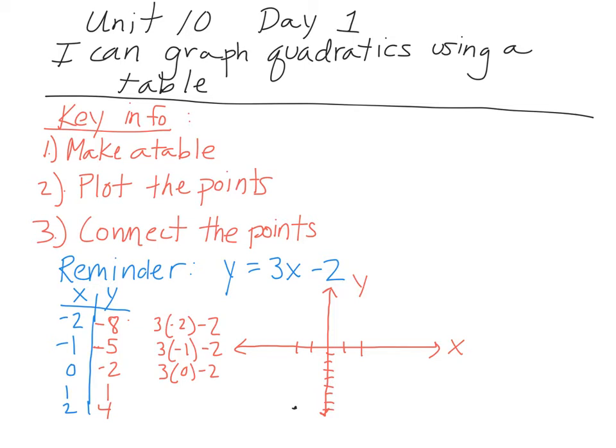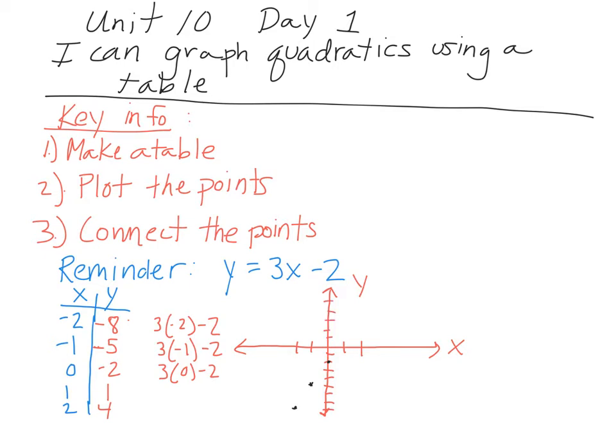-1, -5: 1, 2, 3, 4, 5. 0, -2, that's going to be right here. 1, 1: oops, I forgot to make the top part. 1, 2, 3, 4, 5.